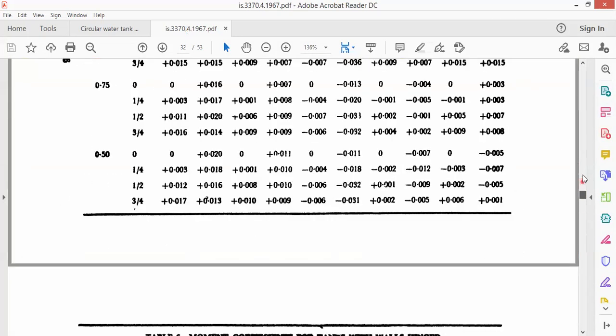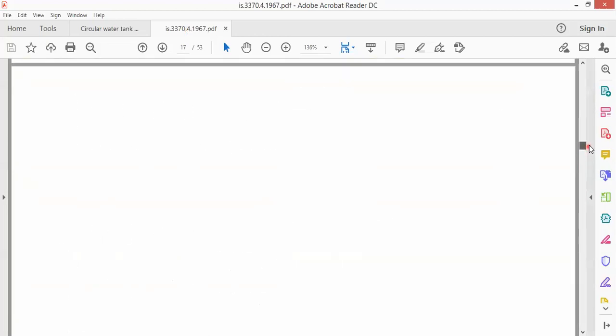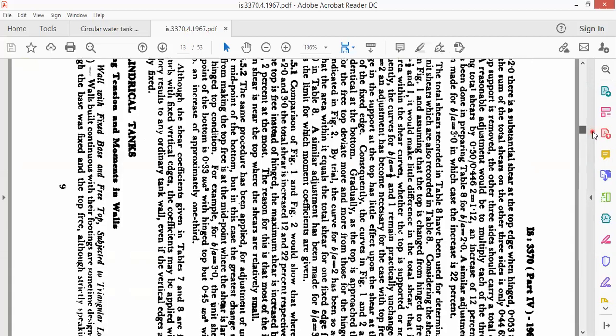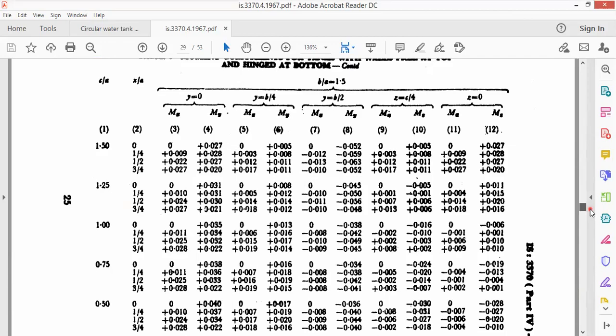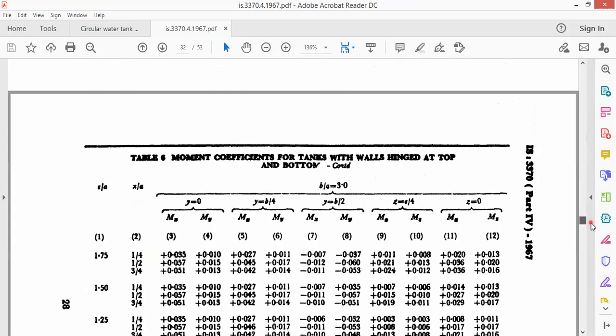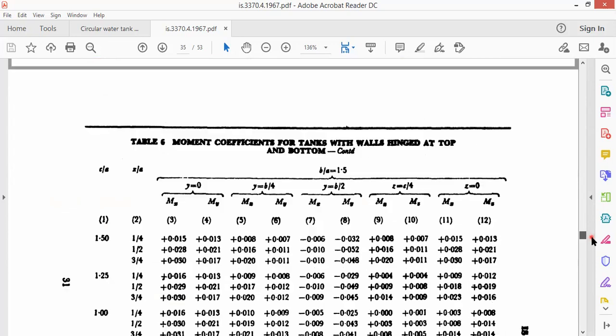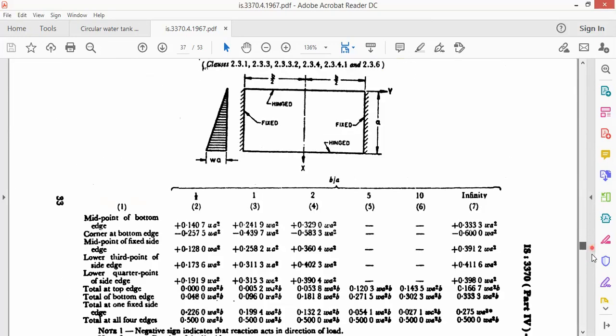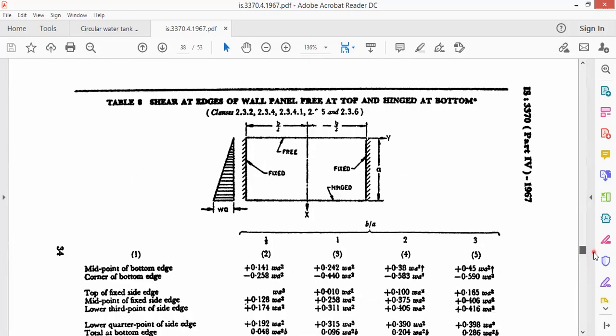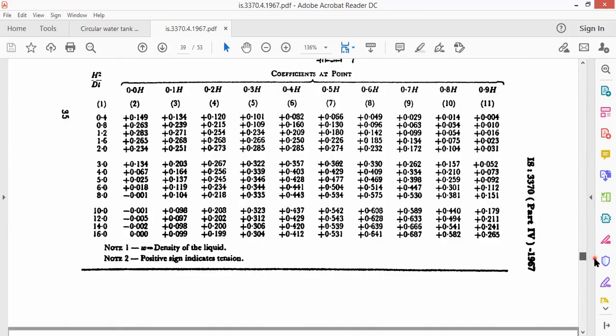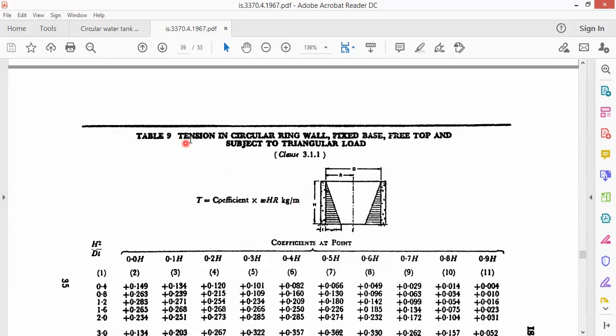So we have this. Initially we have the tables for rectangular water tanks and then we have the tables for circular water tanks. So table number 9, 10 and 11. Here it starts with table number 9: tension in circular ring wall, fixed base, free at top and subjected to triangular load.